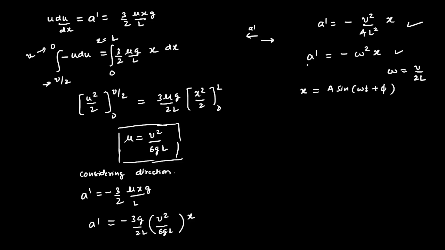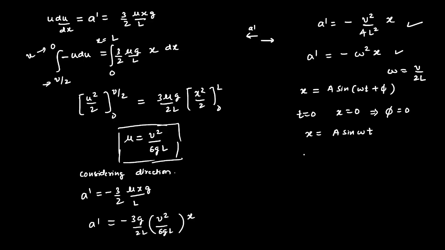Now, in order to fix these values, let's take some initial conditions, boundary conditions. We already have that at t equals 0, x equals 0, which implies phi should be equal to 0. We have x equal to a sine of omega t. This is our condition now.